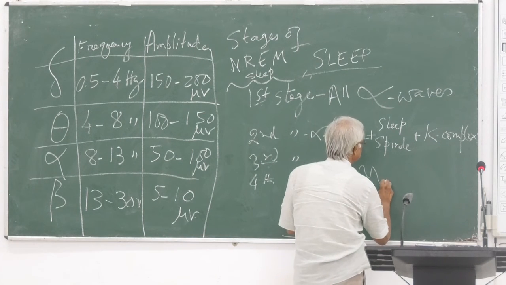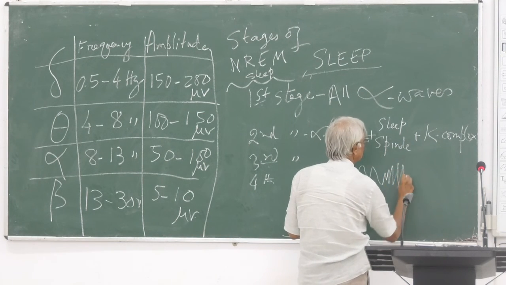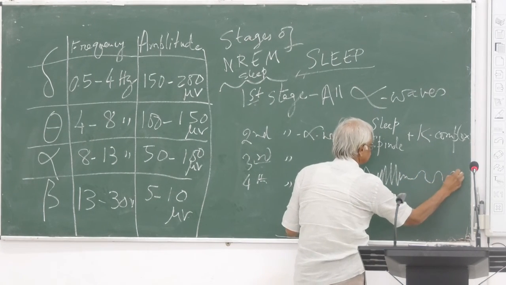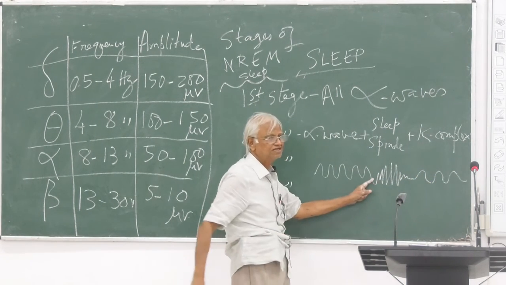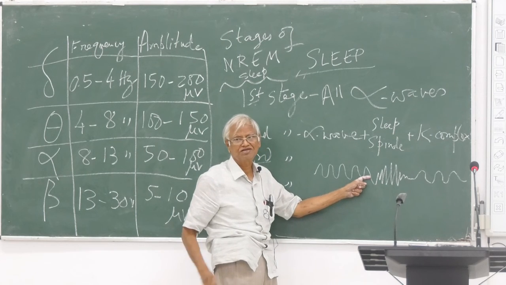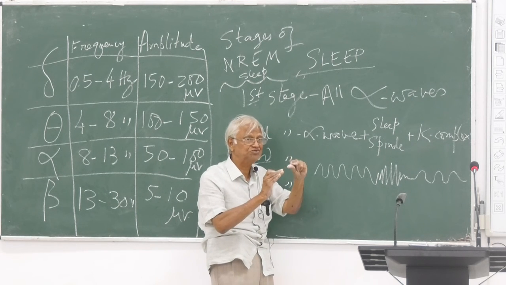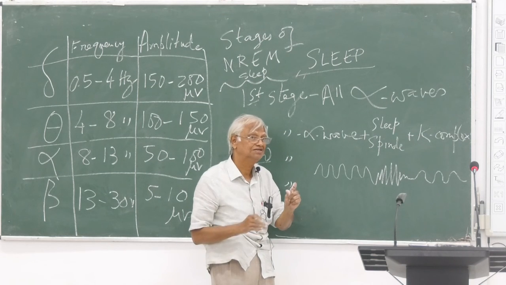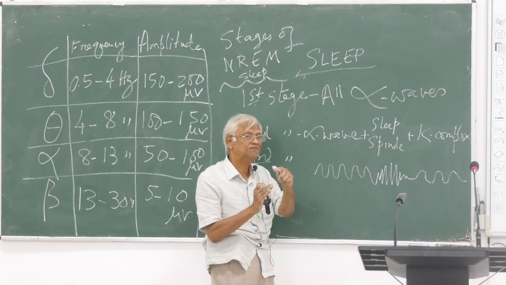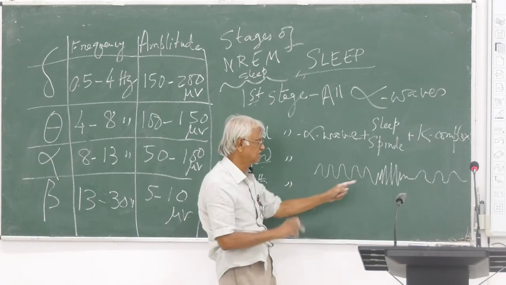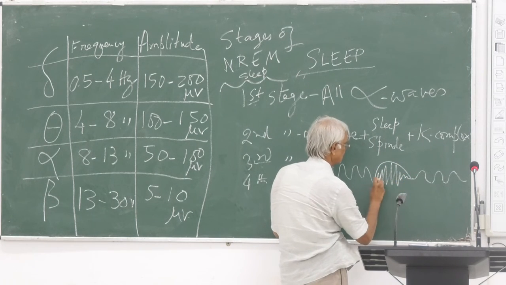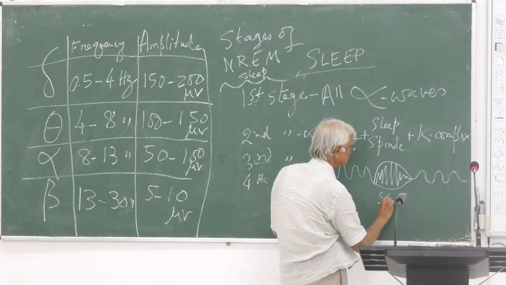Then you will find suddenly a spindle-shaped group of waves. It first increases gradually and decreases gradually. Gradually does not mean slowly, but one after another, which is very fast. It makes a spindle-shaped wave.